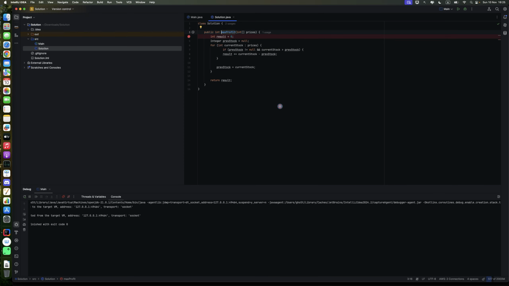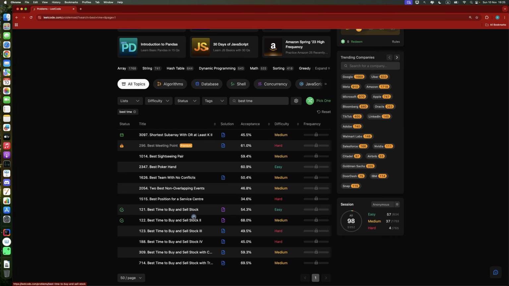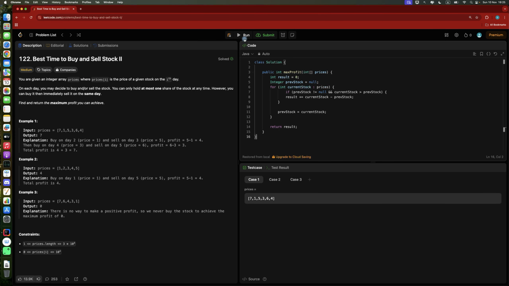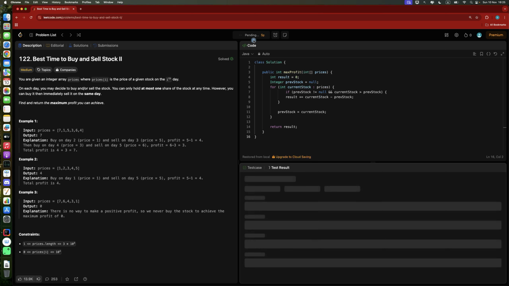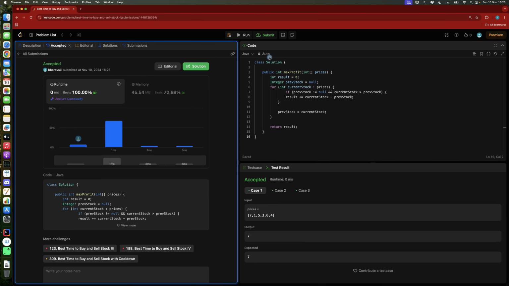And lastly, let's submit this to see if it works, because we didn't do that. Right. Let's first run it. Let's submit it. Okay, we beat 100% of the solutions in Java, and we are running in 0 milliseconds.